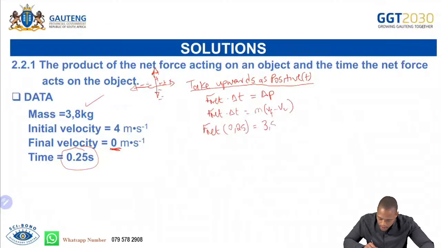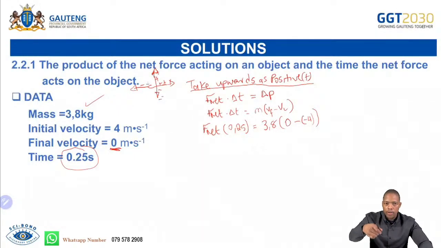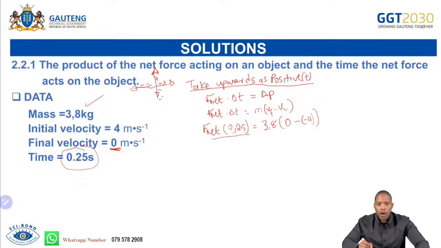The mass of the cat is 3.8 kilograms, and the final velocity, the cat comes to a standstill, so its final velocity must be 0, minus the initial velocity of 4 meters per second. So the initial velocity there is a minus 4. Why minus 4? The cat was moving down, and we just said we are taking upwards as positive. So the cat was moving down, it was falling down. So its initial velocity was negative.